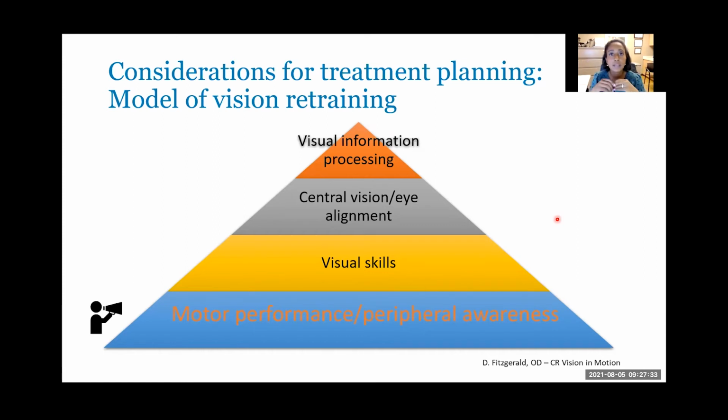So many of us may have heard of things like, okay, if there's a convergence problem, we're going to push right into some pencil push-ups or maybe the frog string or something. And Dr. Fitzgerald shared that it might be more important for you to start where they're more functional, more comfortable in the peripheral space, and then gradually, as they're able, shift our focus more toward the central vision.